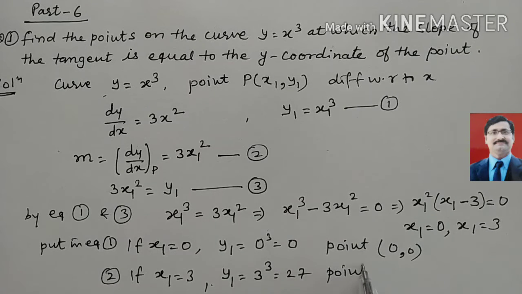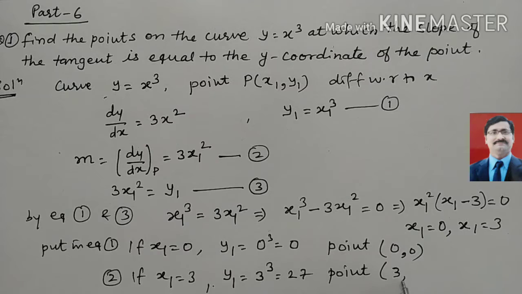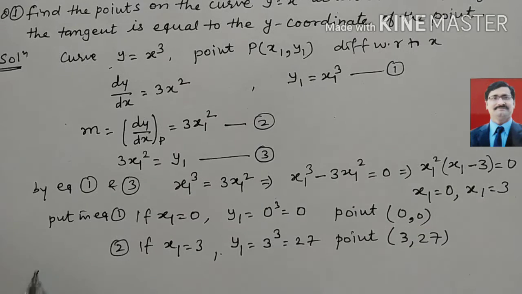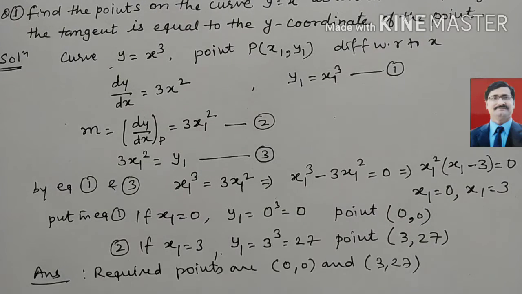So the second point we get is (3, 27). So we can write the answer that the required points are (0, 0) and (3, 27).